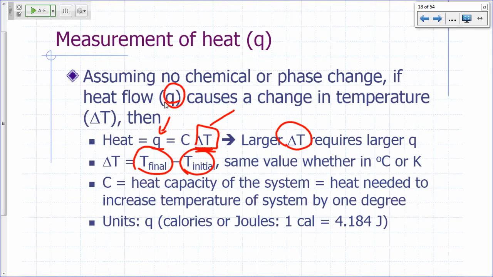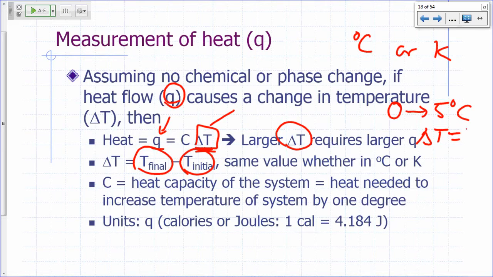And note that this is a change in temperature, so the unit for delta T can be degrees Celsius or Kelvin, and it will have the same value whether you express it in Celsius or Kelvin. Why is that? Let's say you went from 0 degrees Celsius to 5 degrees Celsius. What's delta T for that one?